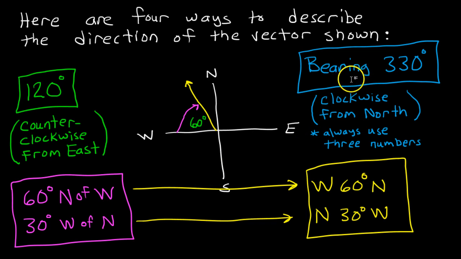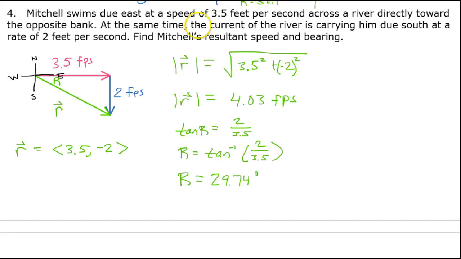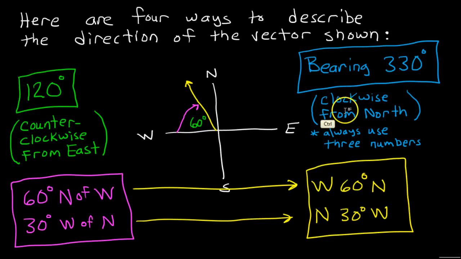And we've learned about bearing, where you measure clockwise from due north. So you have to be careful which one you're going to use, and if the directions give you any hint, you really have to pick up on that. Right here it says find Mitchell's resultant speed and bearing. So that word bearing tells us that we have to use the method called bearing, where we measure clockwise from north, being sure to use 3 digits no matter what.